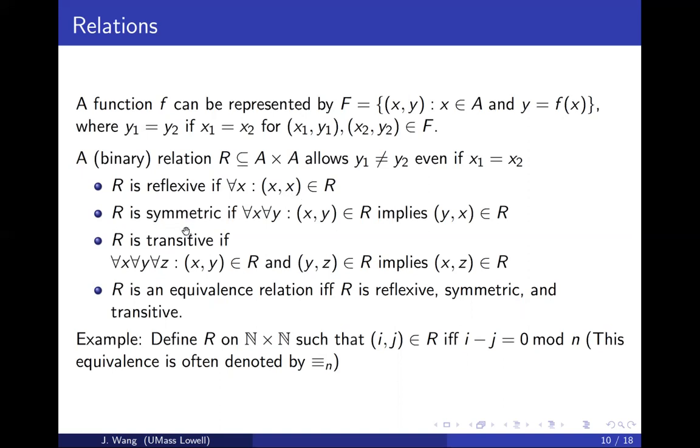And R is symmetric if for all x and y, if x is related to y, then y is related to x. So this is symmetrical relations. And we say R is transitive if you have three elements x, y, and z, such that x is related to y and y is related to z, then x is related to z. So this is transitive.